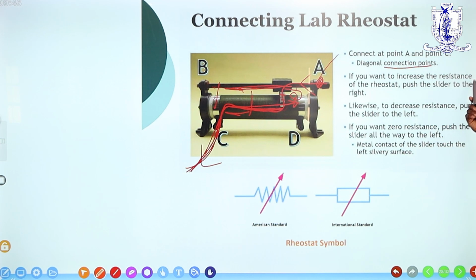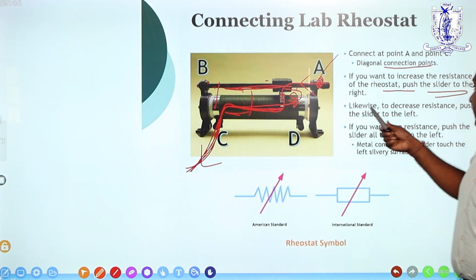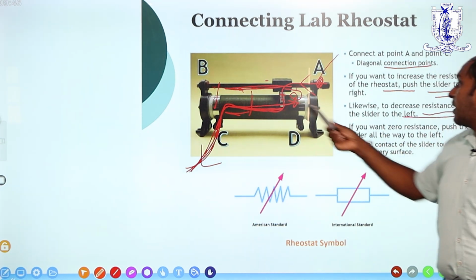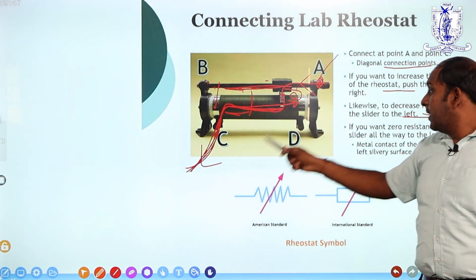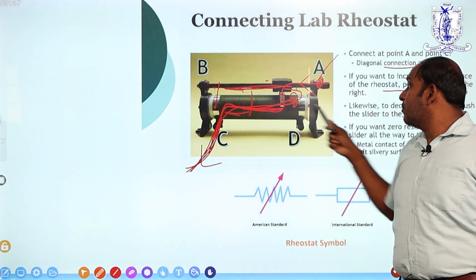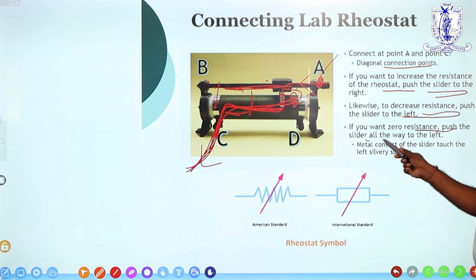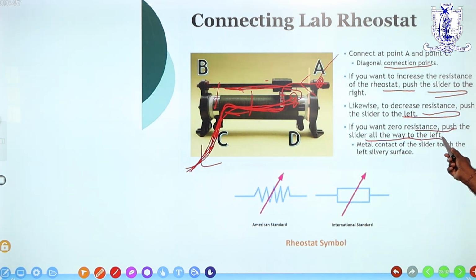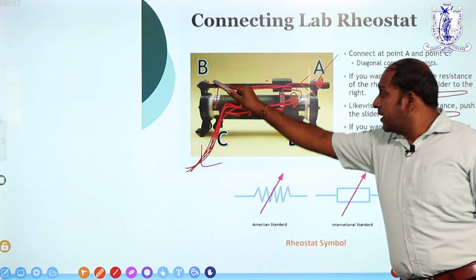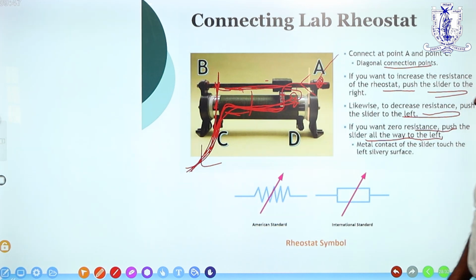If you want to increase the resistance, push the slider to the right, and likewise to decrease the resistance, push the slider to the left. If you want zero resistance, push the slider all the way to the left, and the metal conductor lets current pass through here. So the slider reading is 0.